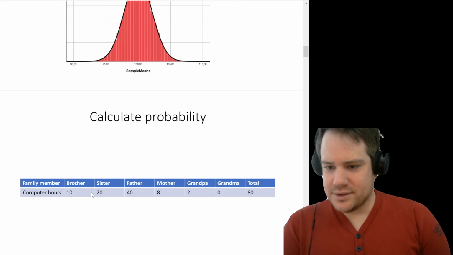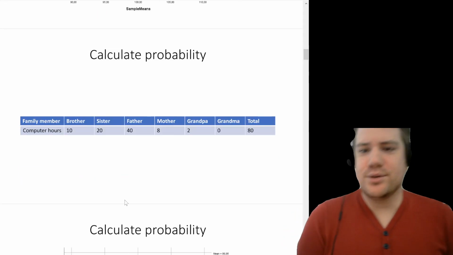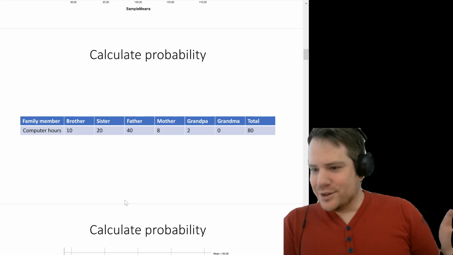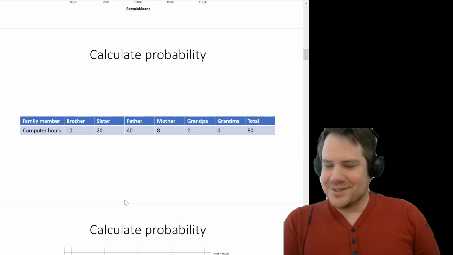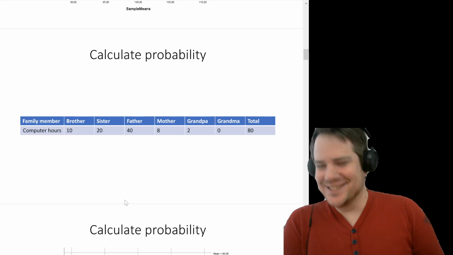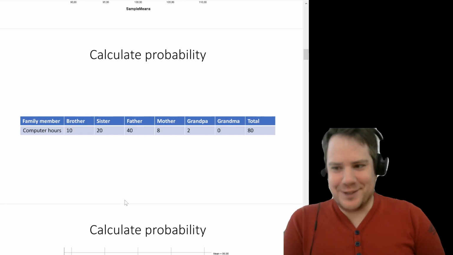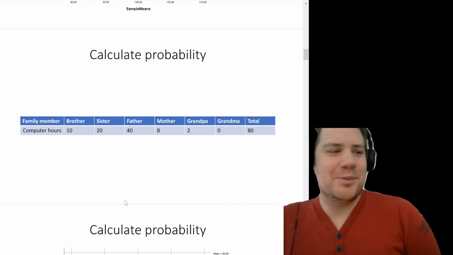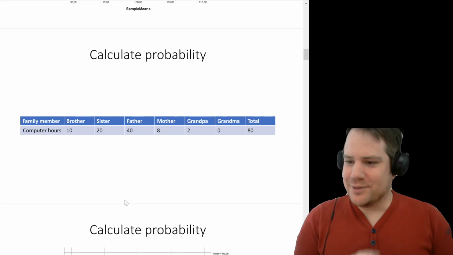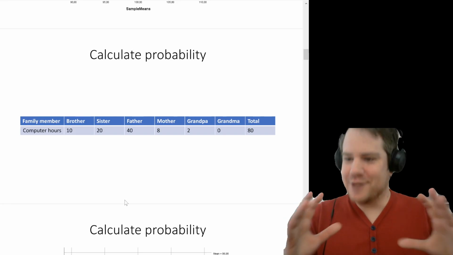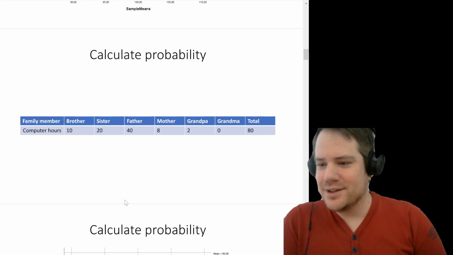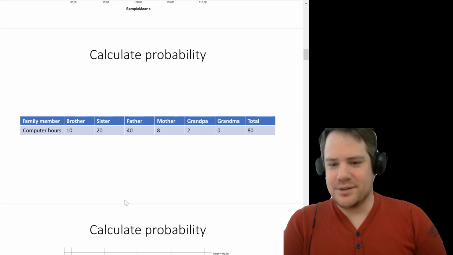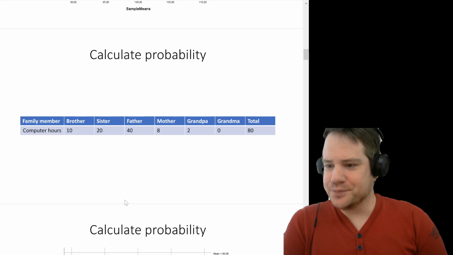To start off with a more basic example, back in the old days, very old days, in the 90s, we didn't all have computers or smartphones or tablets, but it was very common for people to have just one computer, which would be the family computer, and so everyone would share just one computer, and everyone would do their business on the computer.